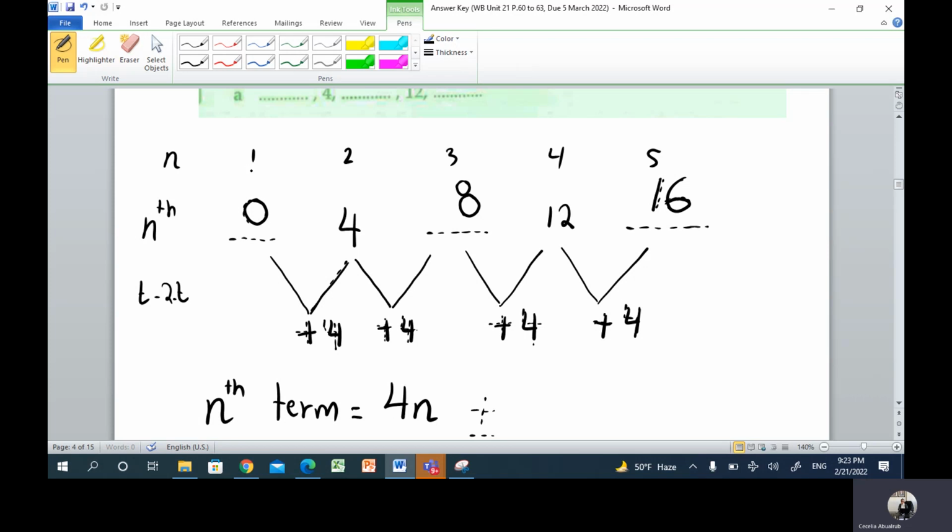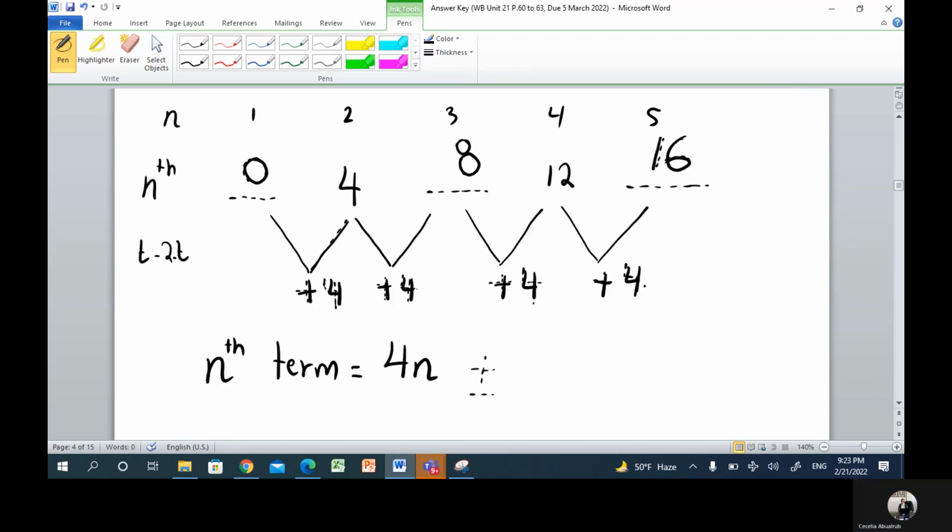We take the first n, which is 1. So 4 times 1 is 4. To become 0, we are going to subtract 4.